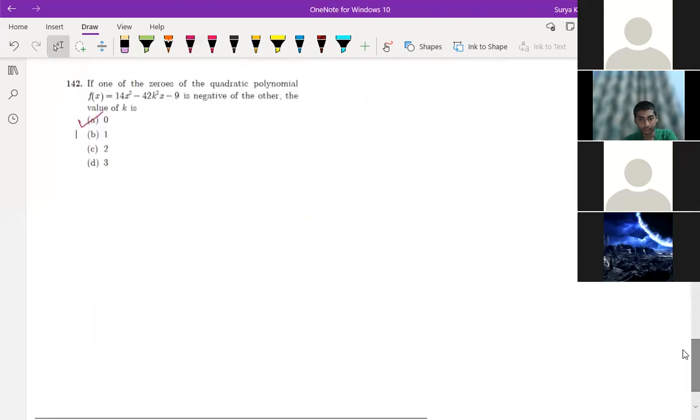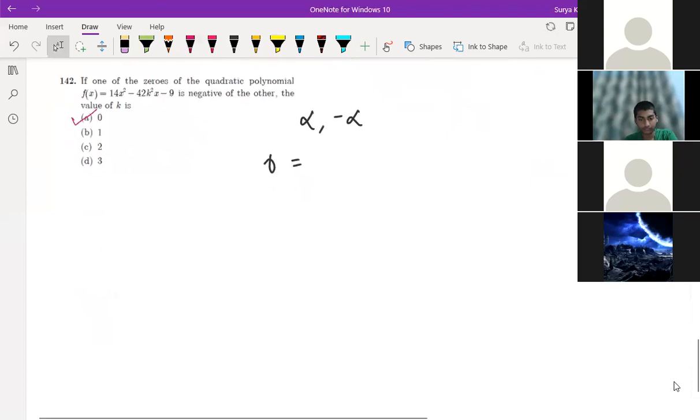Sir, if one of the zeros is alpha, then the other will be minus alpha, and then the sum of them will be 0, and that is equal to minus b upon a. So minus b is 42k square, by 14. So k is equal to 0.